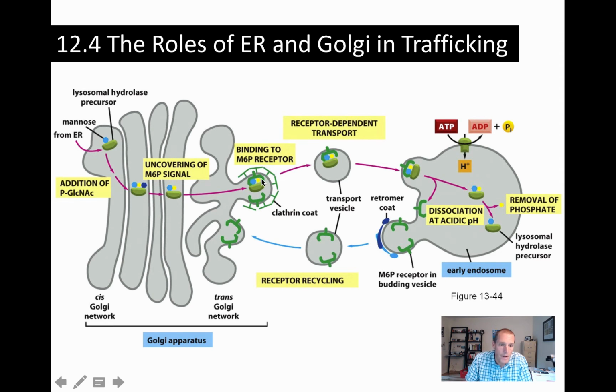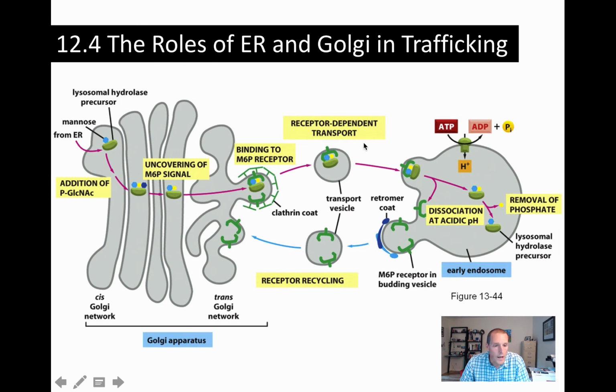And so the mannose 6-phosphate on this protein binds to this receptor, and then a coat of proteins called clathrin produces a vesicle that contains the mannose 6-phosphate attached to the receptor protein. And so this little vesicle here is produced by this clathrin coat. And we'll talk about clathrin coats when we talk about coated vesicles and exocytosis and endocytosis a little bit later.